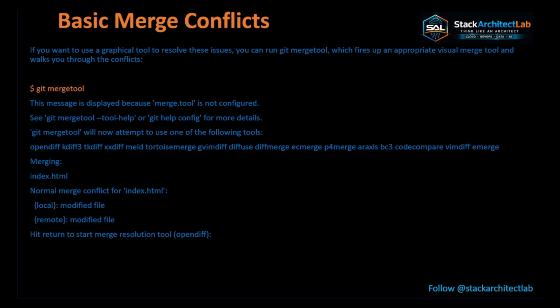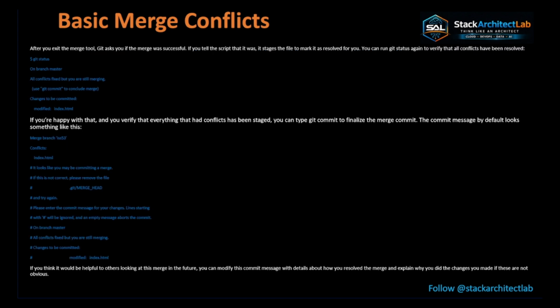Now, if you want some graphical tool to resolve this issue, that is also available. There is something called git mergetool, and if you run the git mergetool command, then you can see the complete detail. If you hit enter to start the merge resolution tool, it automatically starts doing the resolution for you. It keeps giving you suggestions that this overlapping I see, that overlapping I see, and if you are happy with that, you can just keep accepting the suggestions.